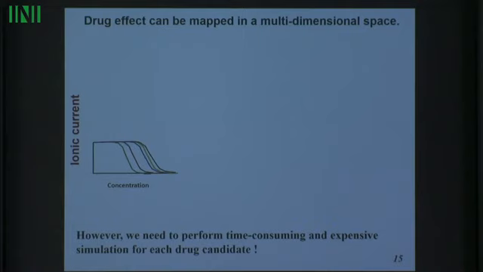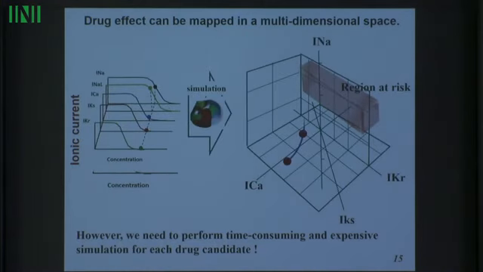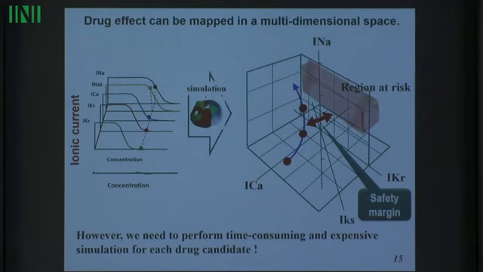After completing this project, we came up with an idea that drug effects can be characterized by a trajectory in a multi-dimensional space, the coordinate of which represents each inhibition of each current.